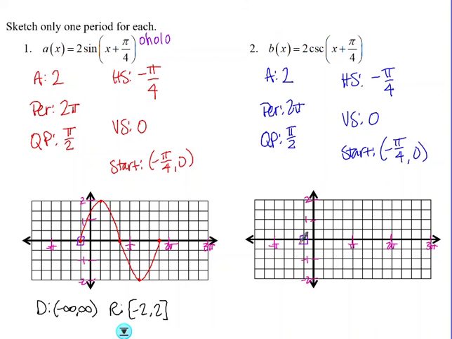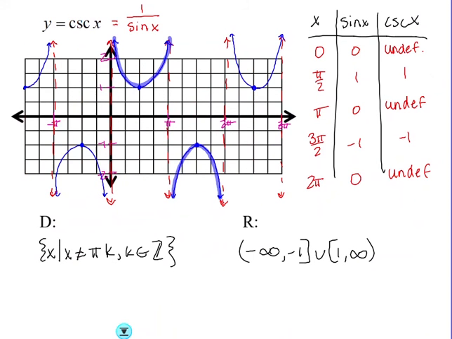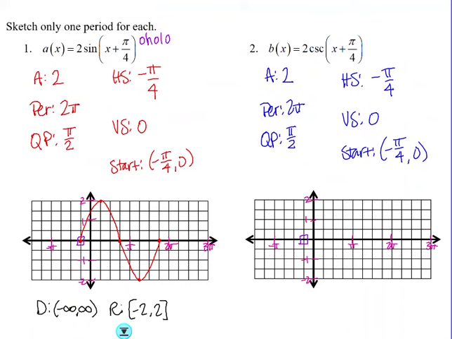Now, I'm starting right here. Since this is a cosecant function, originally my asymptotes were 0, pi, 2 pi, 3 pi, etc. Now, my asymptotes are going to be negative pi over 4, and then multiples of pi from that.